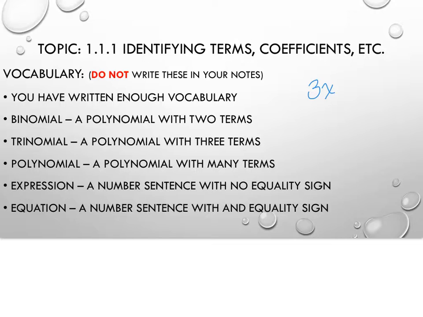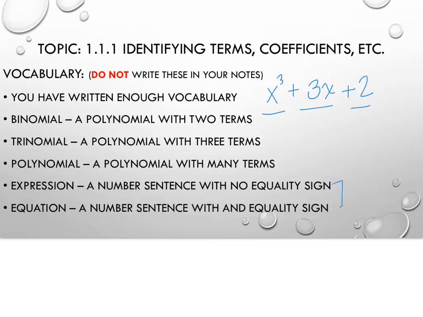Now, if I want to make it a binomial, it's a polynomial with 2 terms. So I could add a plus 2. Now it's a binomial. And now it's a trinomial because there are 3 terms. And polynomial is just kind of a general thing that says many terms.